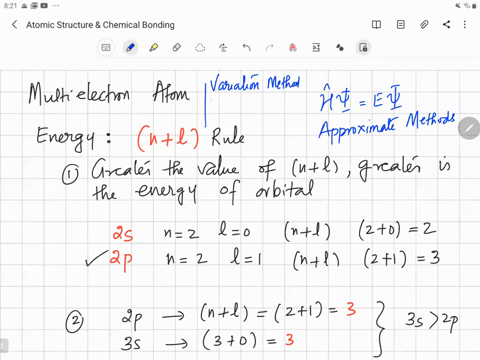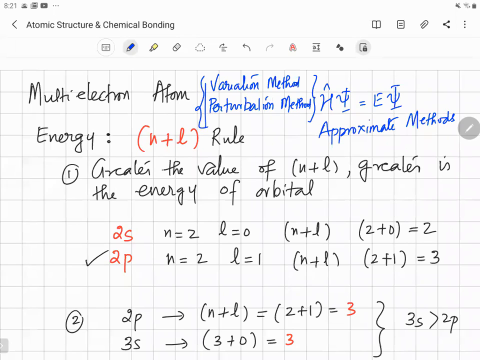The other one is the perturbation method. These are the two approximate methods used in quantum mechanics.